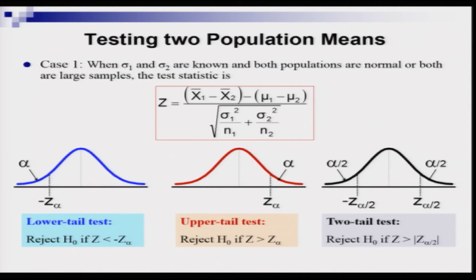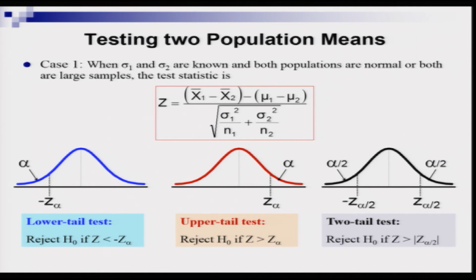So, here we are going to talk about two different cases for two sample population mean testing, and these two cases are when the population variances are known, and case number 2 would be when the population variances are unknown. So, now let us start with case 1, where sigma 1 and sigma 2, the population standard deviations, are known, and both populations are normal.